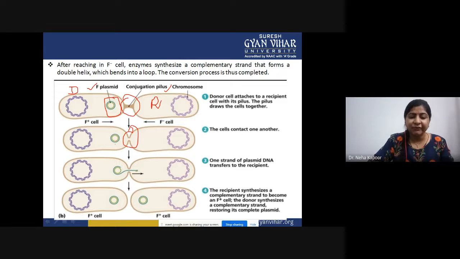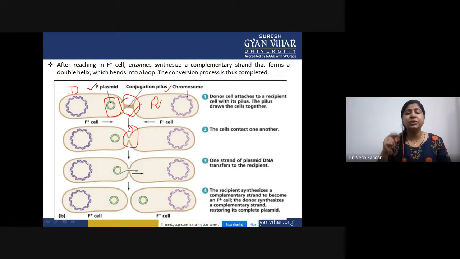Now one strand of this F plasmid DNA will be transferred to the recipient. How? Because this F plasmid contains the F factor. That F factor codes for proteins that are required for the conjugation tube. Here you can see the conjugation tube has been formed.